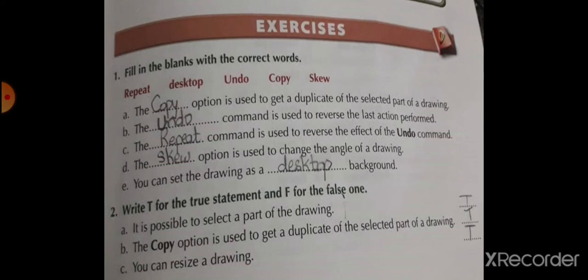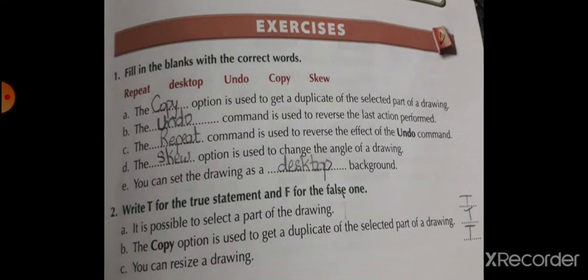Question number 2. True or false? A. It is possible to select a part of the drawing. Yes, true, it is possible. B. The copy option is used to get a duplicate of the selected part of a drawing. True. C. You can resize a drawing.